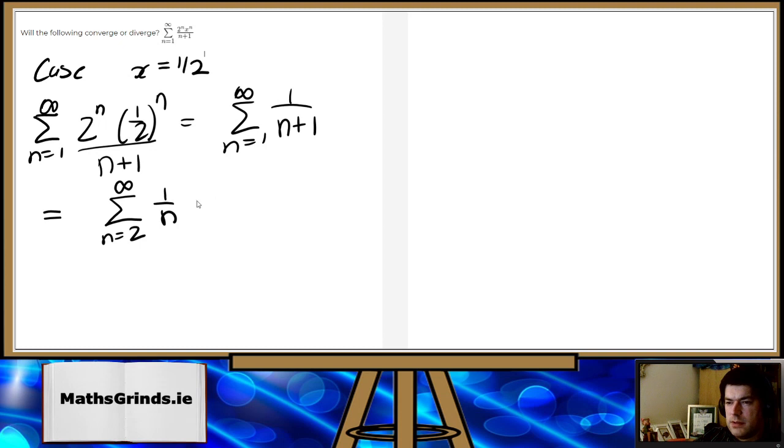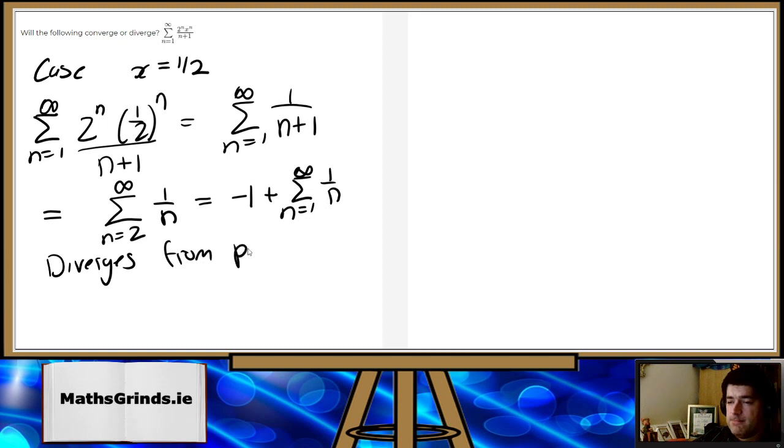So this will equal minus 1 plus the sum from 1 to infinity of 1 over n. And this diverges from the p-series test.